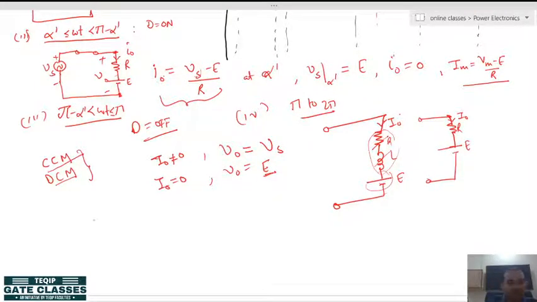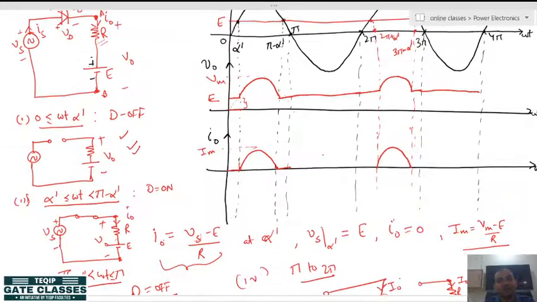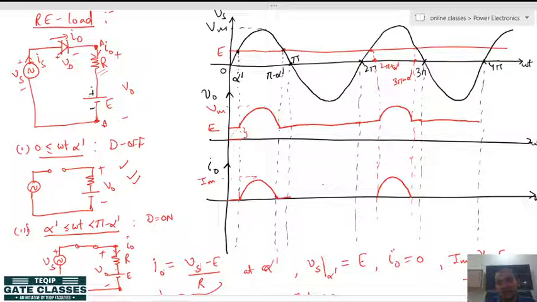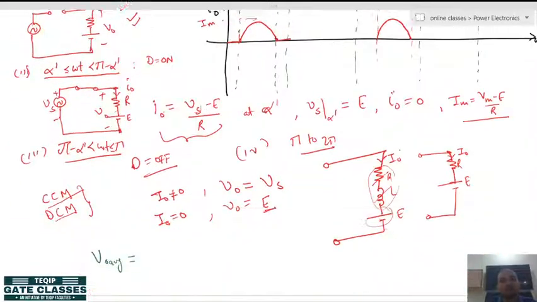Now let us find the average output voltage. Again, I am taking the time period 2 pi, but I am calculating it from alpha dash to 2 pi plus alpha dash, because here we have to do fewer calculations.